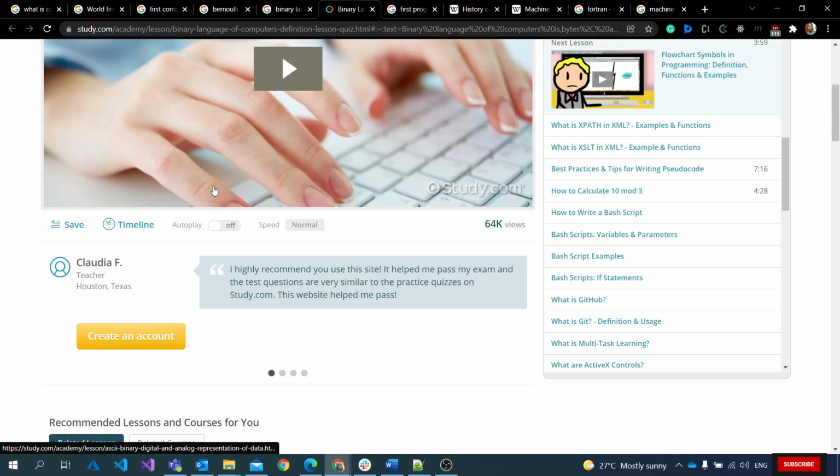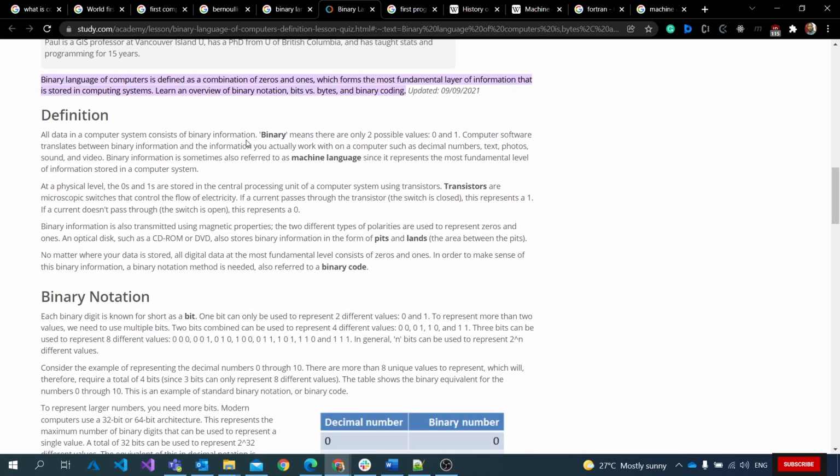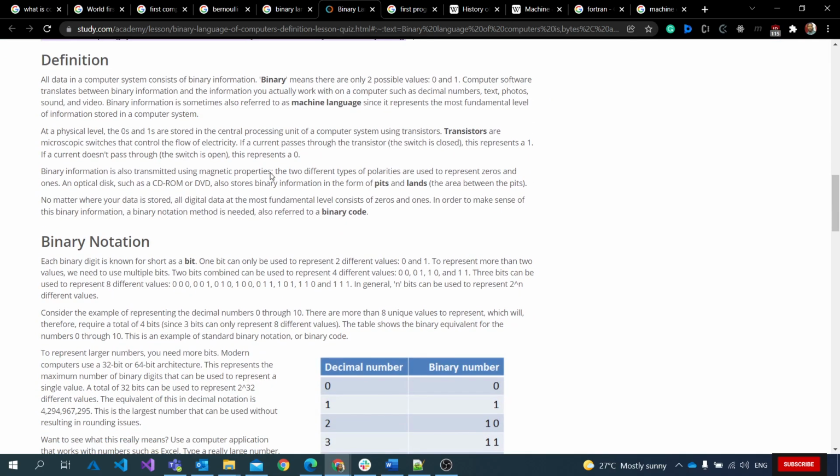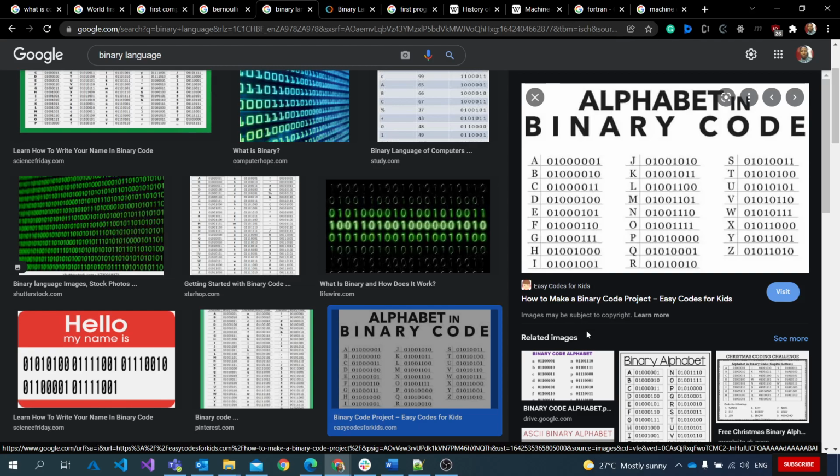Then here, I think I'll add this link, or you can Google more definitions around binary and how binary works. But as I mentioned, think of it as a box. Let me go back to this one. Think of this 0 here and this 1 and this 0 as boxes. In each box you can have either a 1 or a 0. So each number here can either be a 0 or a 1. In this particular case it's a 0.